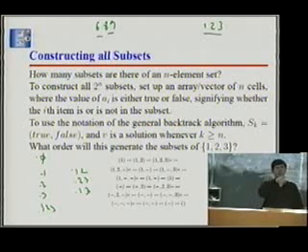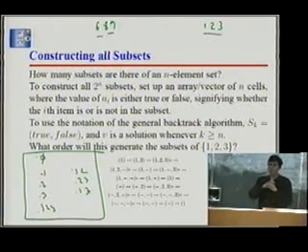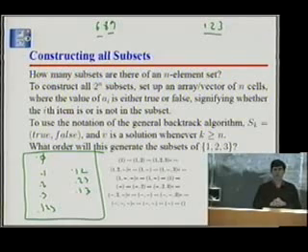Why are there twice as many? Can anyone give me an argument for why there are twice as many subsets as you bump up n to n plus 1? Why is it double the number of subsets? Well, it's because it's a 2 to the n function, but let me give you a proof that it's a 2 to the n function. If I want to make all the subsets of 4 elements, I claim I could do it as follows.